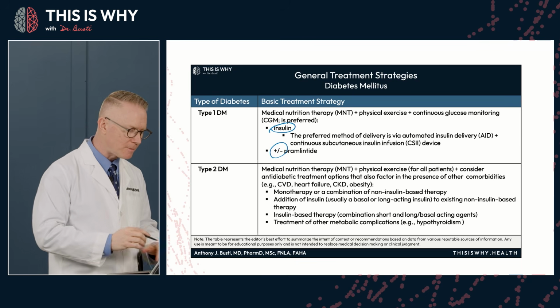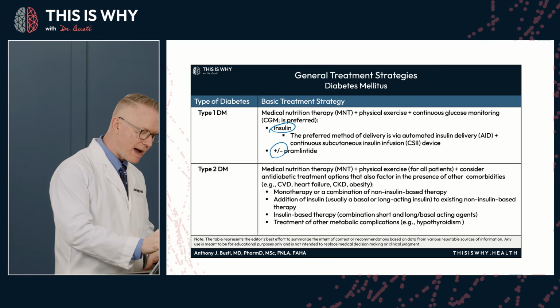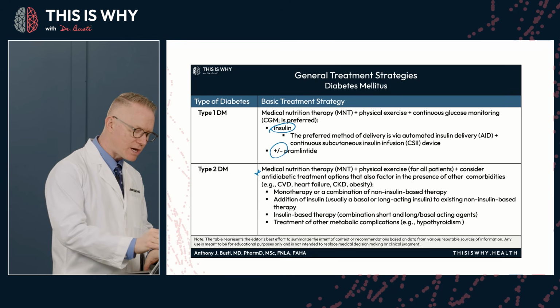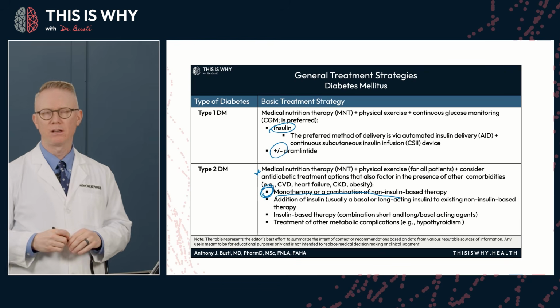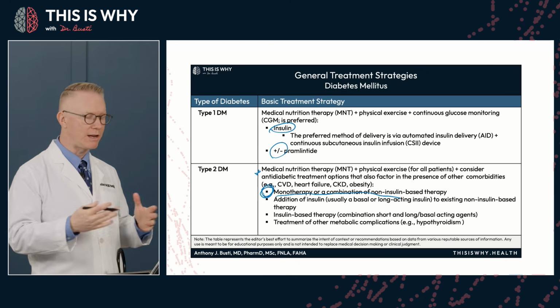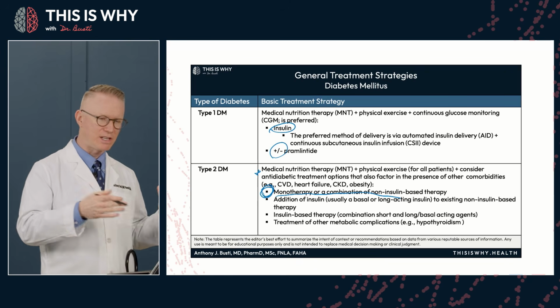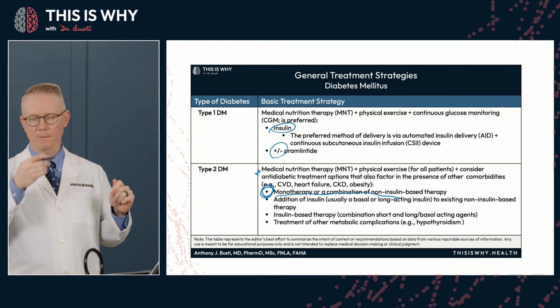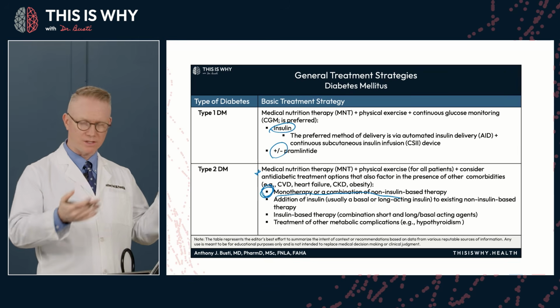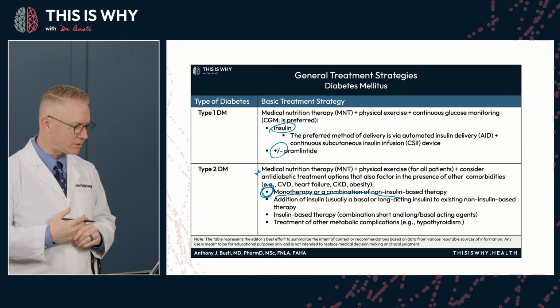That's a separate lecture. But in type 2, after medical nutrition therapy and exercise, you see there are monotherapy or combination with a non-insulin based regimen, right? So why non-insulin based? Because, like I was telling you earlier, insulin works very well, but the risk is that you could facilitate some weight gain as a result of using it.